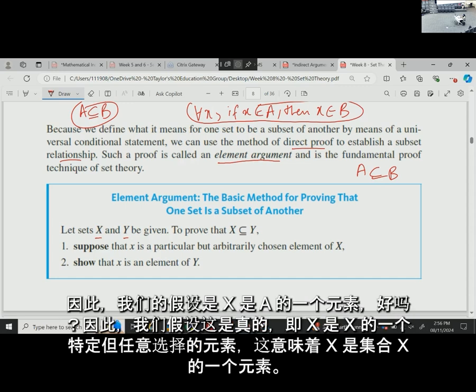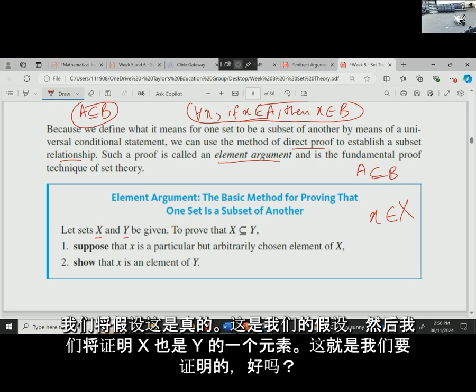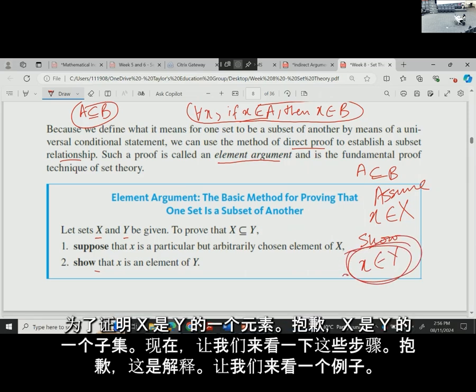Okay, so our hypothesis is that x is an element of X. We will suppose that x is a particular but arbitrarily chosen element of X, meaning x is an element of set X. We will assume this to be true. This is our hypothesis, and then we will show that x is also an element of Y. This is what we have to show the proof of. Okay, to show that x is an element of Y, X is a subset of Y.